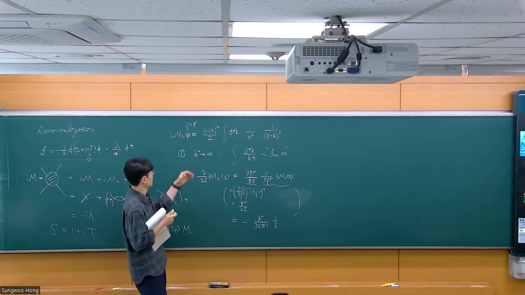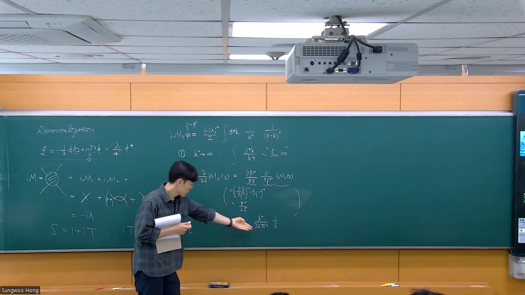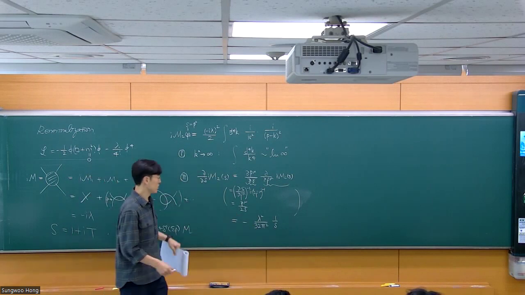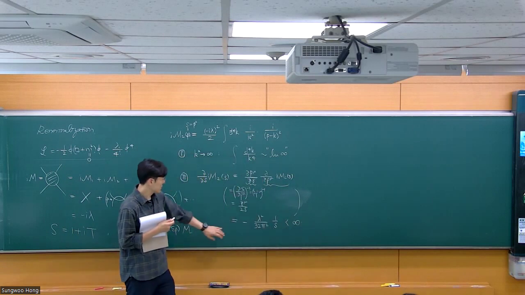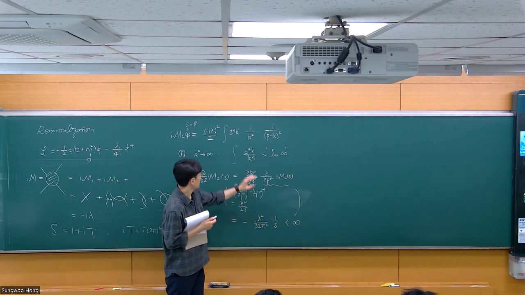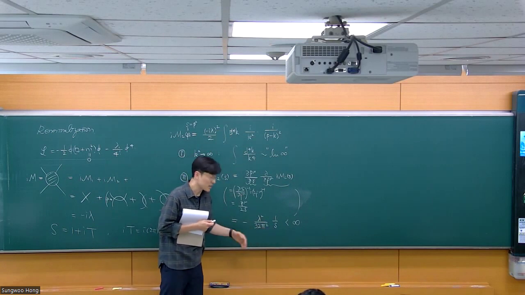So the claim is this looks divergent. But if I take the derivative, you can get a finite answer. So the key point here is this is finite. In particular, this is not sensitive to anything about super high momentum modes. This is the exact answer.